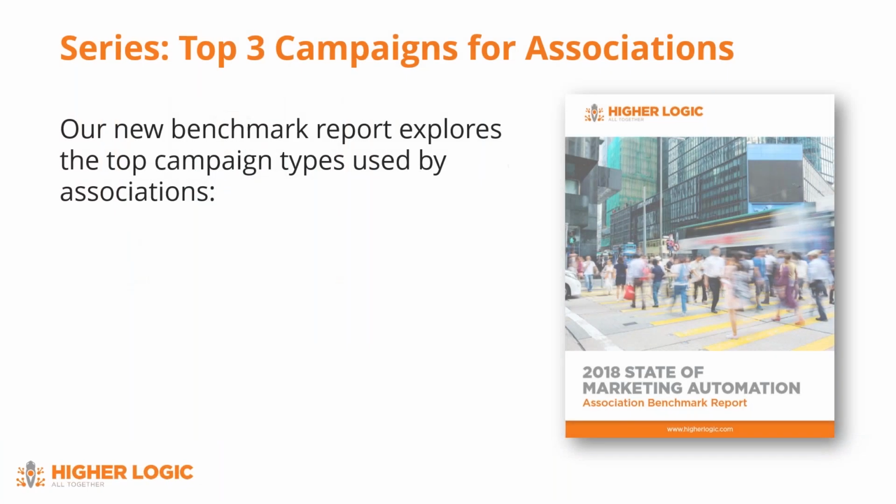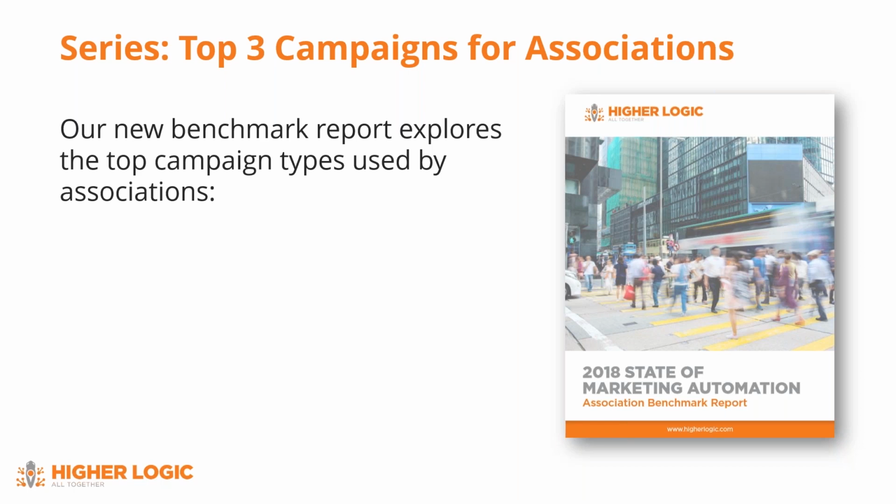So HireLogic came out in 2018 with the State of Marketing Automation for Associations report. And it's really the first report of its kind because it focuses primarily on the association space. Now, as many of you might know if you've downloaded this report on our website, it delves into important topics like which types of automated campaigns are being run the most.